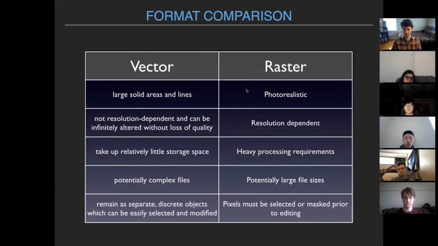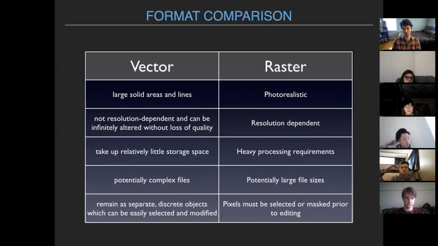Because raster is based on pixels, we have more of that photorealistic sense of images, relying on these individually colored pixels to create shapes, shades of realistic things in the real world.